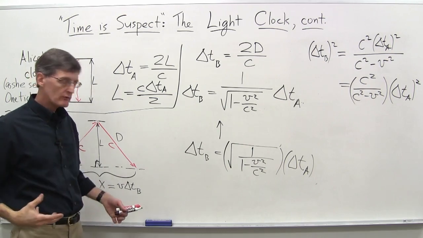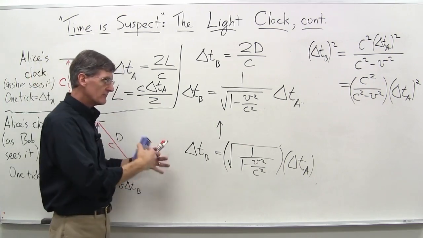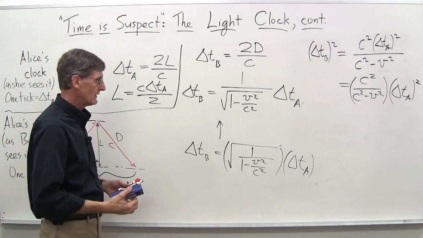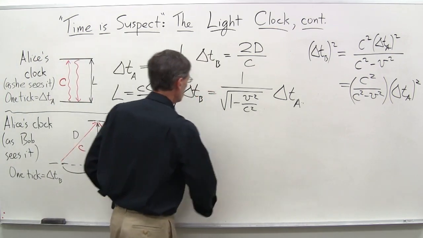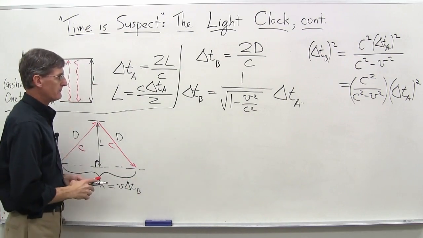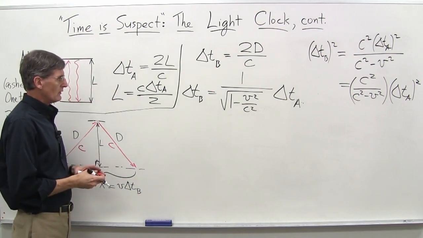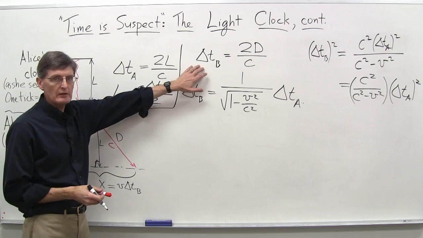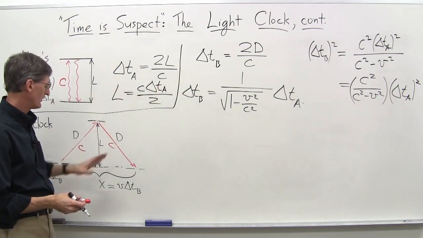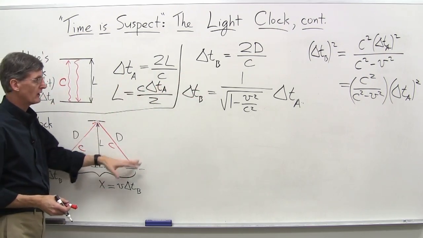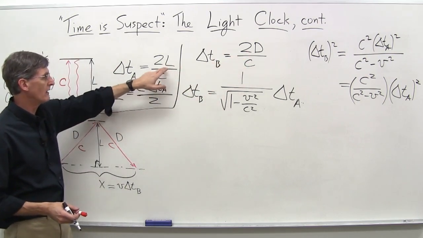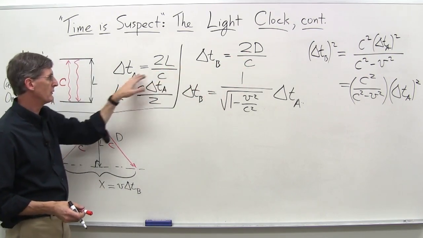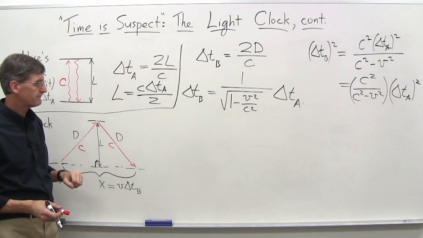It's going to be a very important result as well. Let's analyze it a little bit, make sure that things check out as much as possible. So here's our final result. First of all, we said that delta TB was greater than delta TA. We argued it qualitatively, and we saw it semi-quantitatively here. We knew that D was bigger than L, and therefore delta TB must be a bigger number than delta TA.